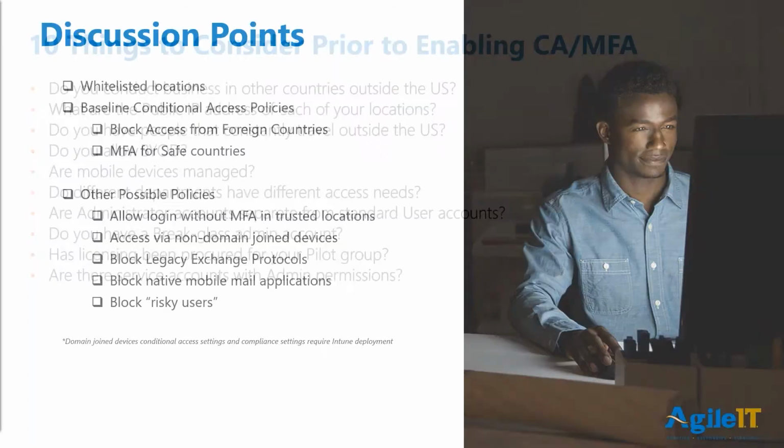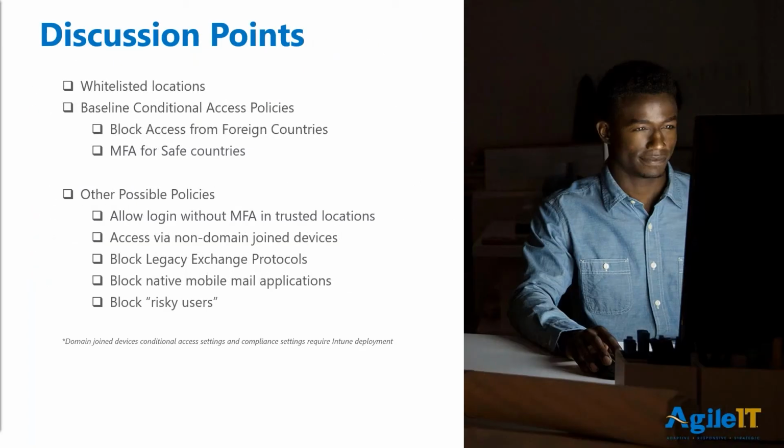So moving along here, some discussion points that you want to have with your team internally are your considerations for your whitelisted locations. Are you going to whitelist your corporate offices, any satellite offices that you might have around the world, as well as those baseline conditional access policies? From the bare bones start, you want to have block access from foreign countries or your unsafe countries, and MFA for safe countries.